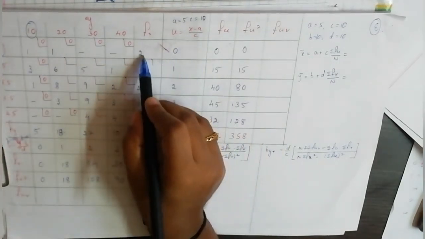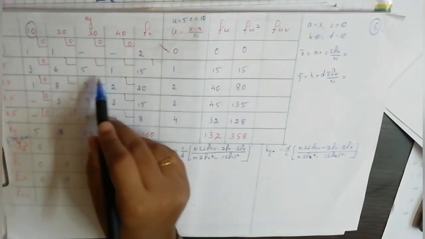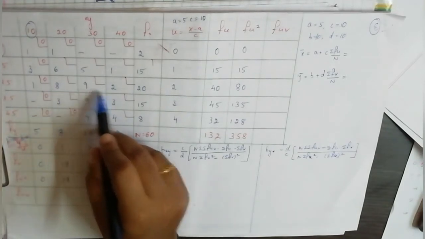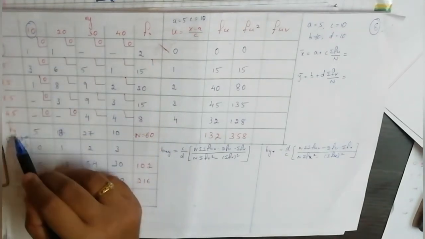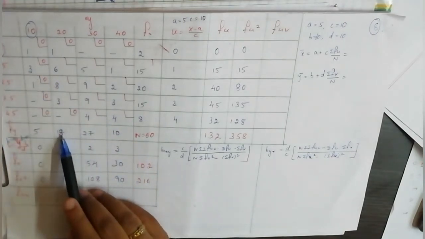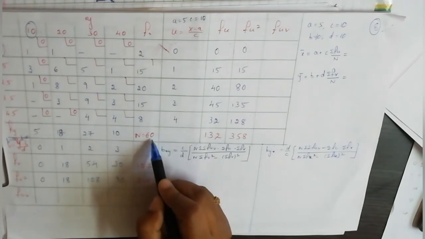First we need to find the frequency total. 1 plus 1 is 2, 3 plus 6 plus 5 plus 1 is 15, 1 plus 8 is 9, 9 plus 9 is 18, 18 plus 2 is 20. This total is 15, 4 plus 4 is 8. Similarly, column wise fy. So 3 plus 1 is 4, 4 plus 1 is 5. This total is 18, 27, 10. So total frequency N is equal to 60.